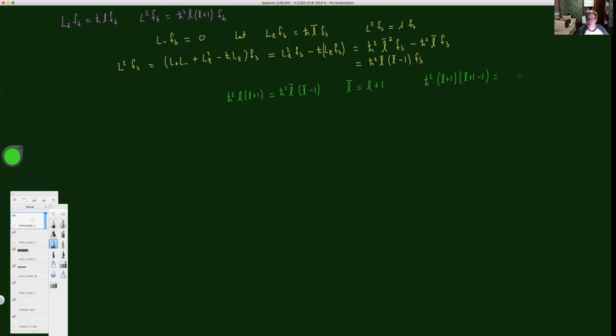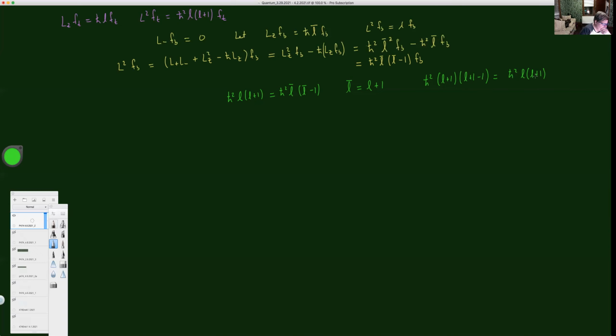And indeed, this becomes H bar squared L plus 1. Okay, that works. But this would mean that the bottom rung is 1 unit higher than the top rung, right?